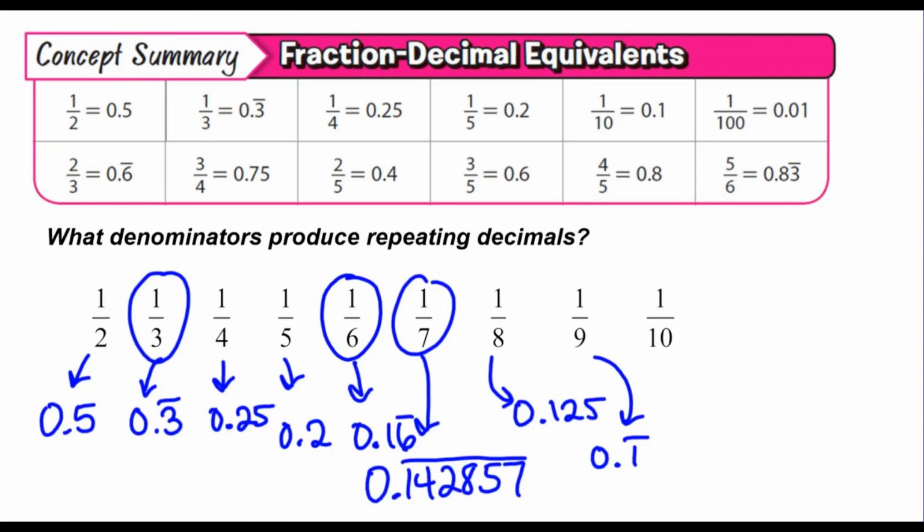So 1/9 is 0.1 repeating, 2/9 is 0.2 repeating, 3/9, which is 1/3, is 0.3 repeating, 4/9 would be 0.4 repeating, and so on. So ninths are kind of easy to convert to decimals as well. And then 1/10 is just 1/10, and that terminates, so all of the tenths will terminate as well. So just nice to know those unit fractions to make those conversions.